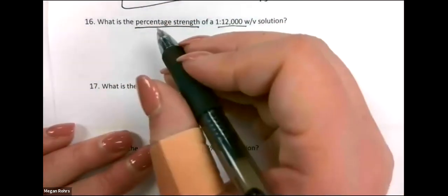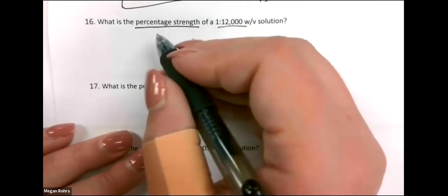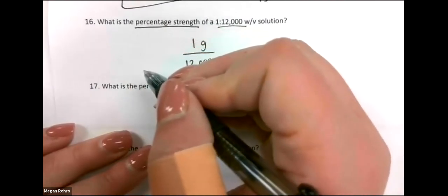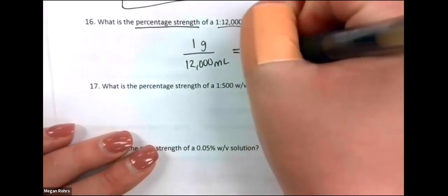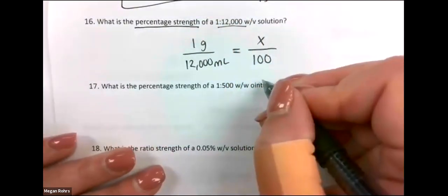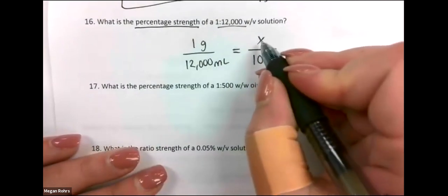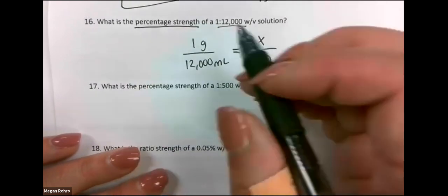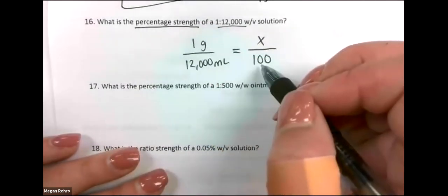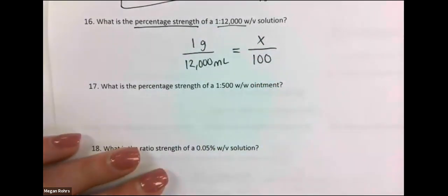Well, I just said percentage strength is always X over 100. So we can set up our ratio equal to X over 100. Our X will be our percentage strength.